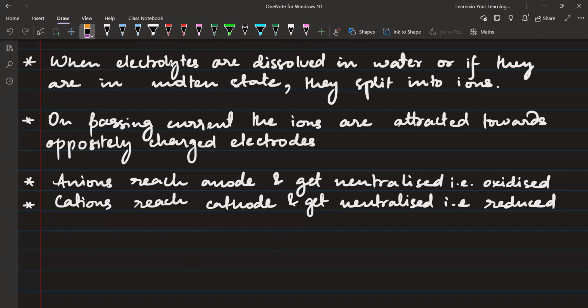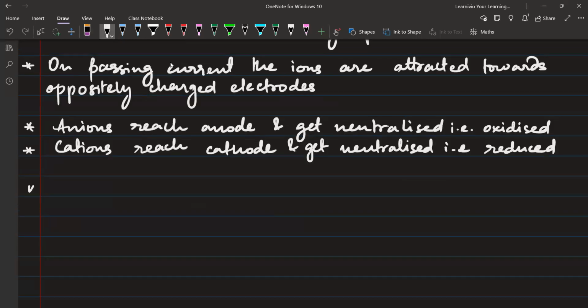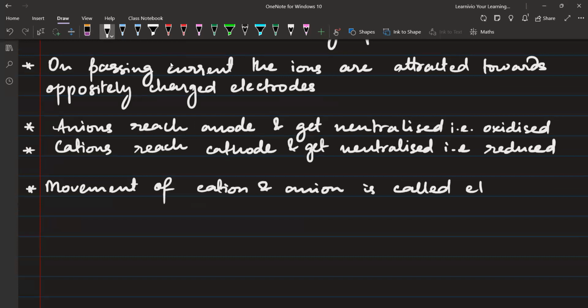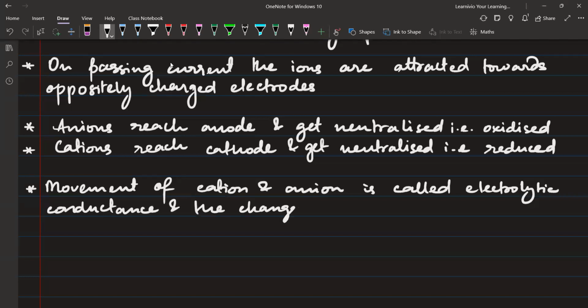Next you can write movement of cation and anion is called electrolytic conductance, and the change is known as primary change.